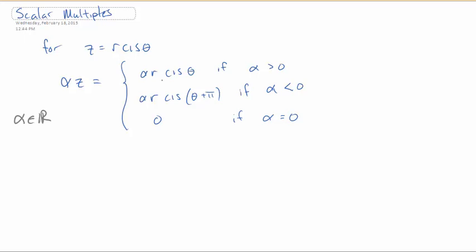But if alpha is negative, we're going to take alpha times r, so now the modulus is negative, meaning we're reflecting through the origin. So if there's z with a modulus of r, negative r would take me that direction. So now I'm in the opposite quadrant, and that's why we have theta plus pi. And lastly, if alpha is 0, well, 0 times anything is 0, even in the complex world.